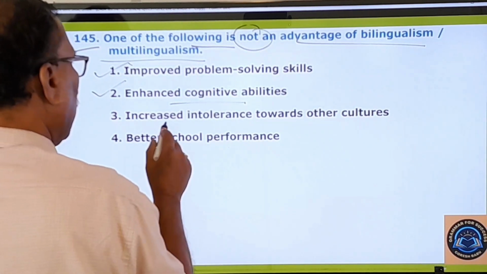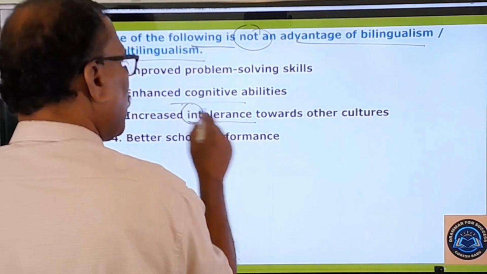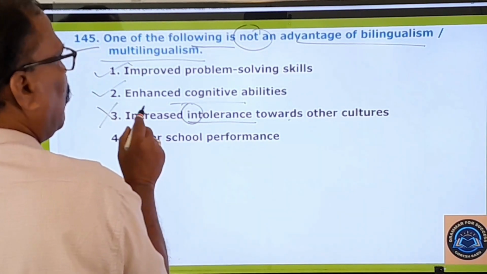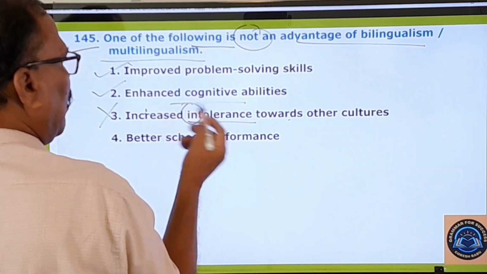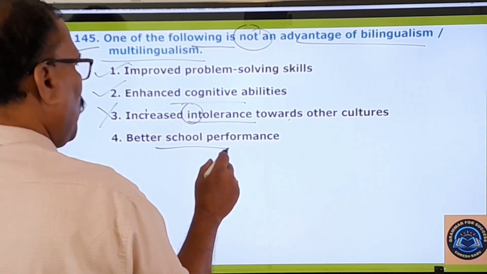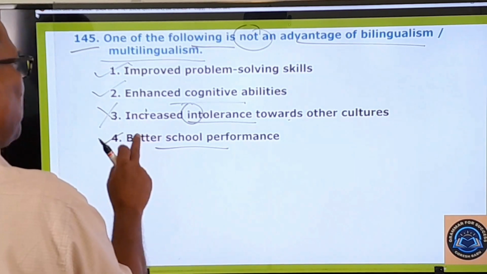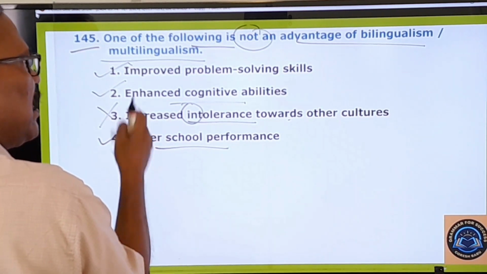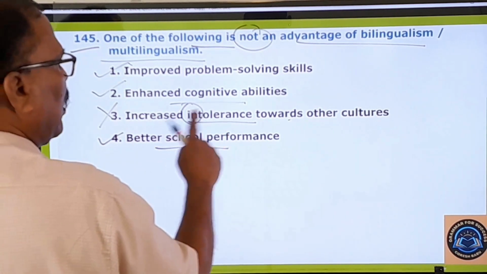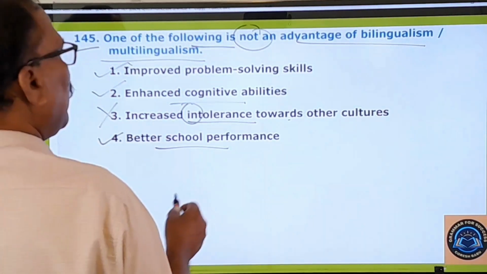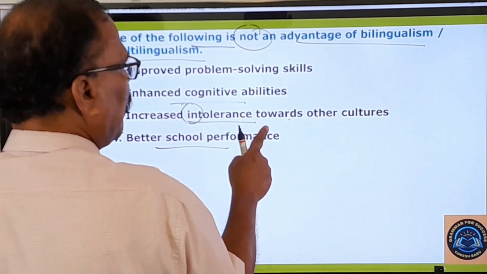Increased intolerance towards other cultures, this is not the right one. Better school performance, this is also an advantage. So these three are advantages, but this is a disadvantage. Increased intolerance towards others, no. So that's why it's not an advantage of bilingualism.